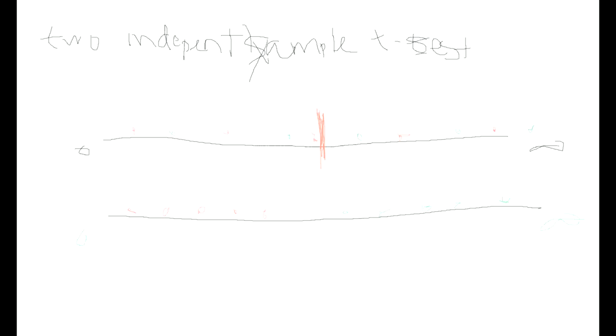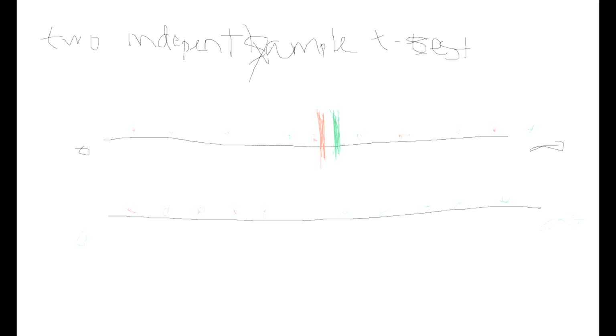So maybe, more or less, that's where the mean is located for the red group. And for the green group, it's almost the same. That's also here, the mean of the observations of the green group.